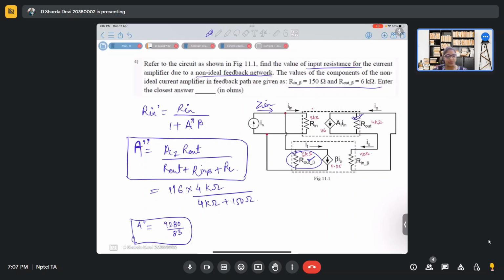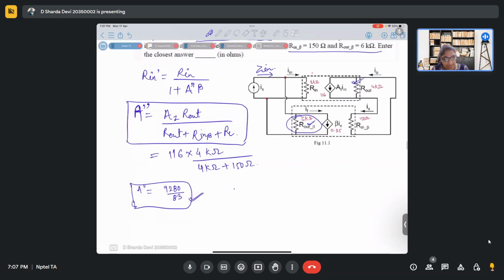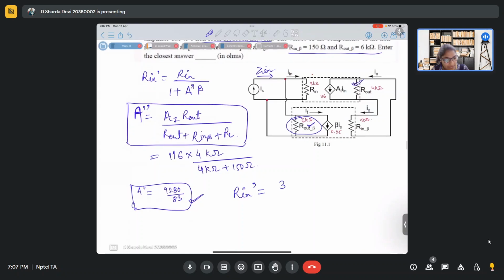So this is the formula. We'll use this particular gain to find the Rn dash. So Rn dash is Rn, that is 3K, by 1 plus 9280 by 83 into 0.25.